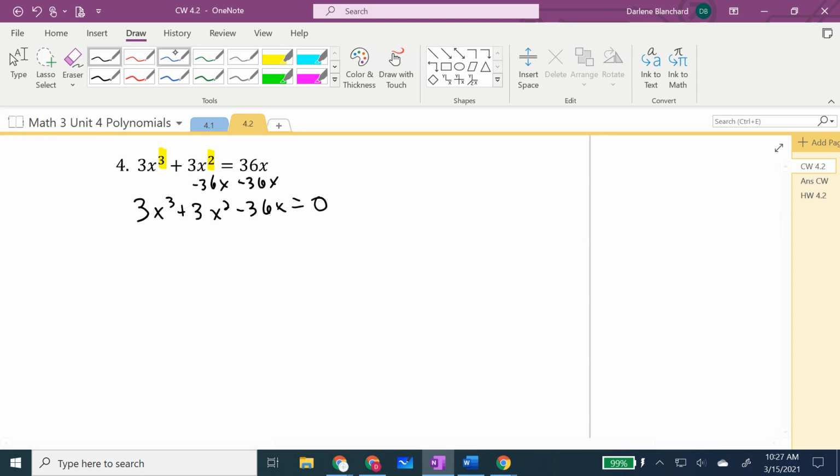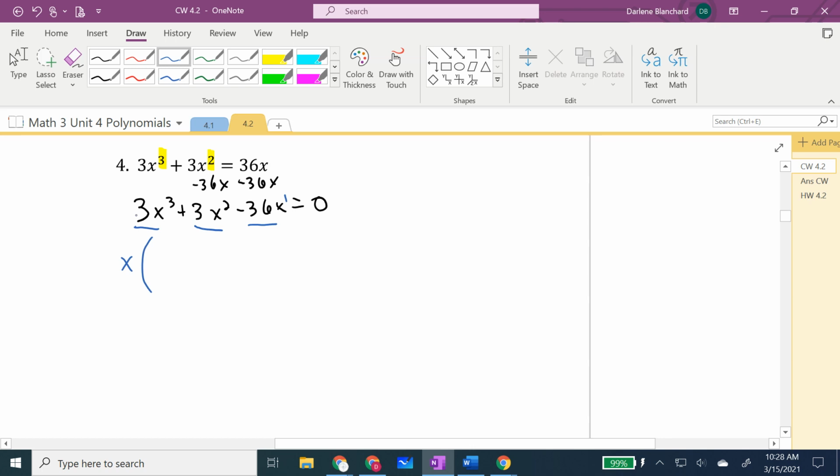And now you're looking for, between these 3 terms, what can divide all 3 of them. You should notice that you have an x in each one of them. And the smallest exponent is the understood 1.